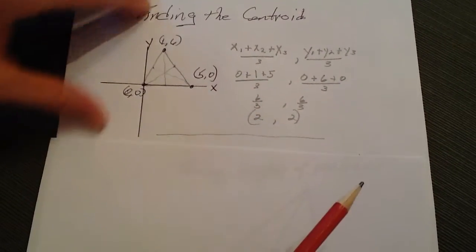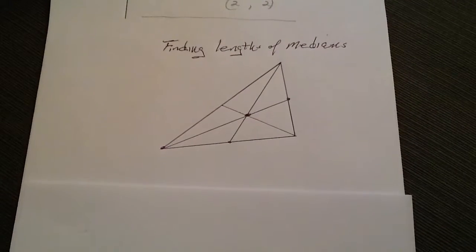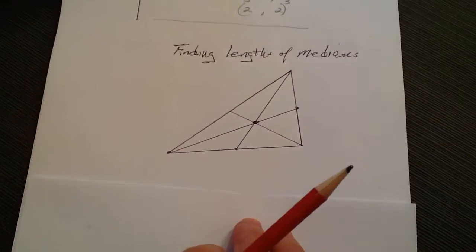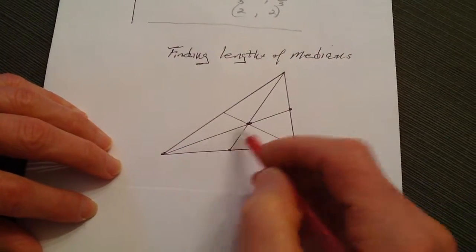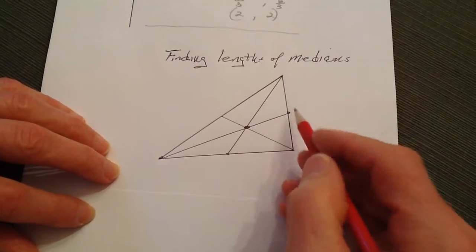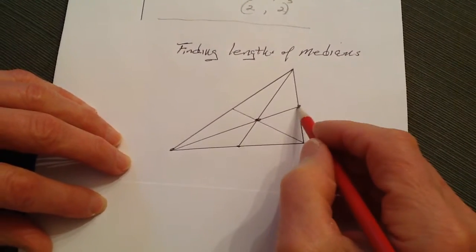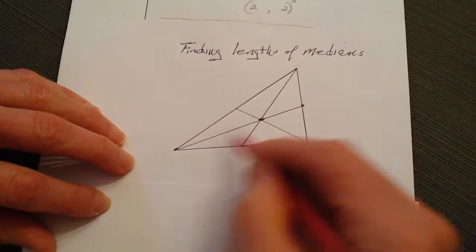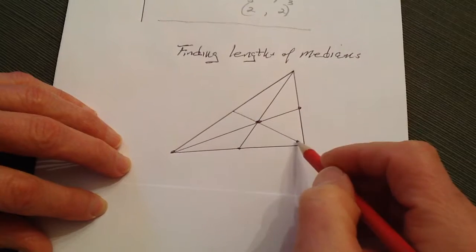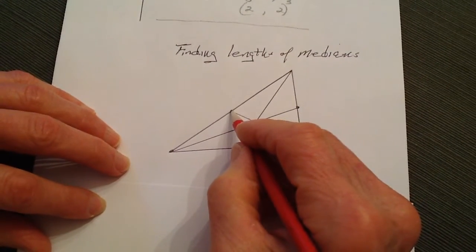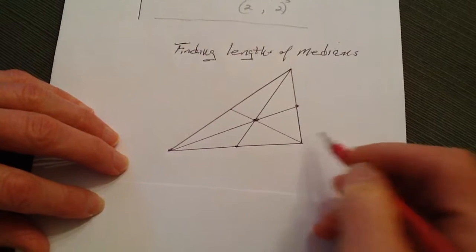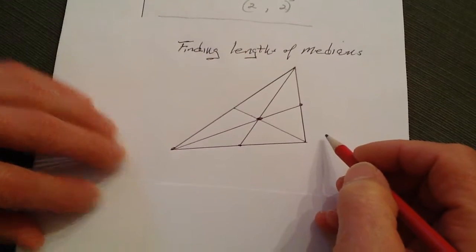Now, I'm going to talk a little bit extra about finding the medians, and the lengths. Remember the median of a side is the middle of the side connected to the opposite vertex. Remember when I did my construction, we used the perpendicular bisector to find the center, and then from the center you connect it to the opposite vertex.